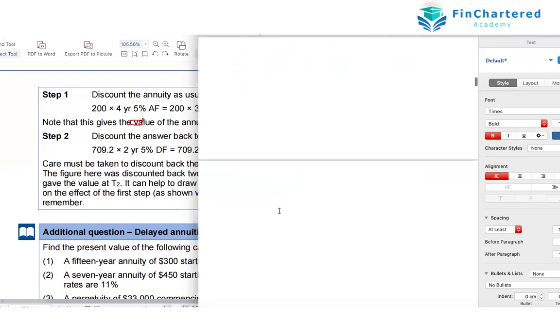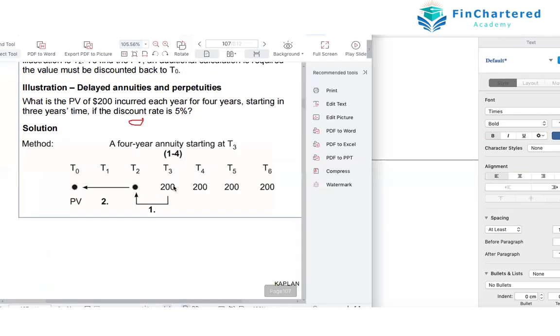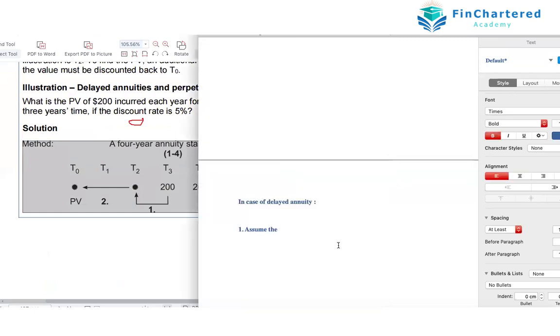How did I get the answer? Again, let me quickly summarize. First step, in case of delayed annuity, is to assume the second year, because remember, payments are coming from the third year onwards: time 3, time 4, time 5, time 6. So assume T2 to be T0.